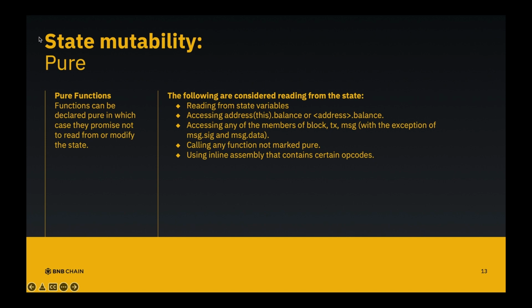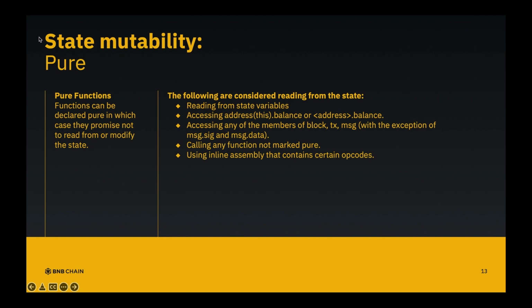Pure is something stricter than view. Besides not changing the state, it promises not to read from the state. We talked about what it means to modify the state just now.